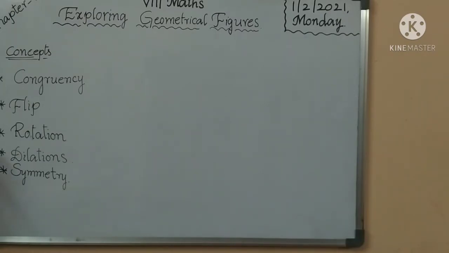The last concept is symmetry. There are 3 types of symmetries. Did you understand, children?